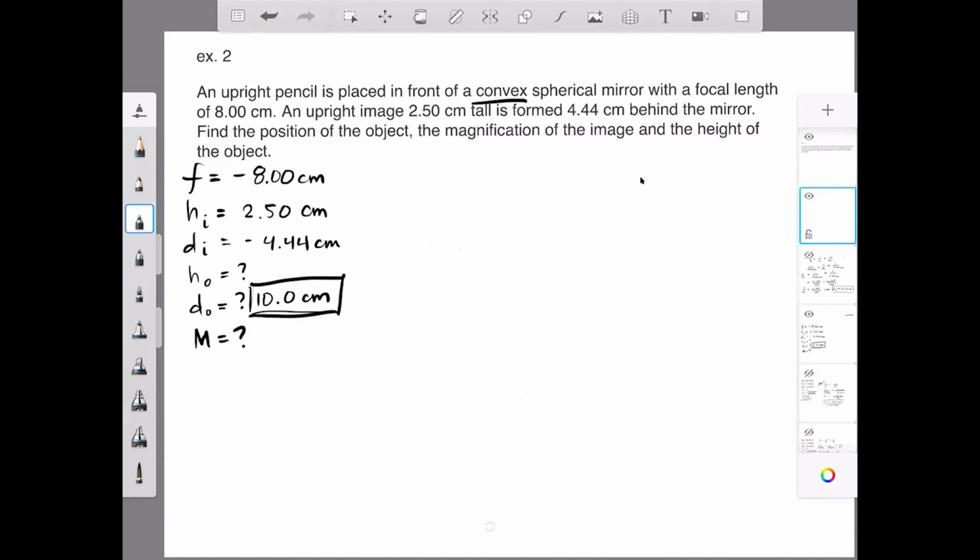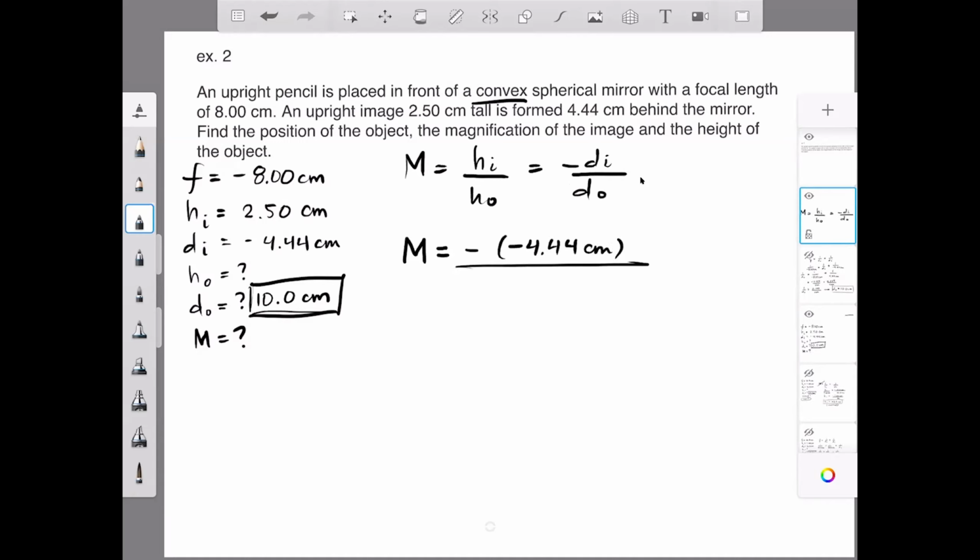Now let's add another layer and figure out HO and M. So our magnification equation says HI divided by HO or negative DI over DO. Now, we know what DI and DO are now, right? So let's figure out what M is first. So M is going to be negative DI, so negative 4.44, over the object distance of 10.